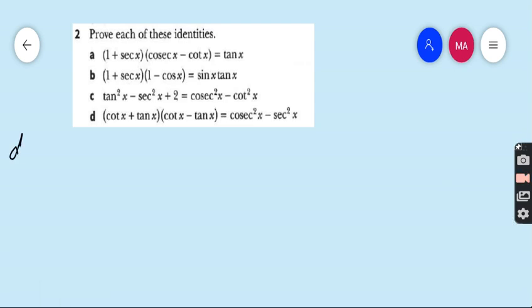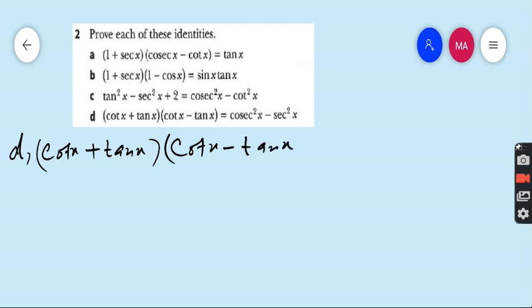Part D is (cot x plus tan x) multiplied by (cot x minus tan x) is equal to cosec square x minus sec square x.